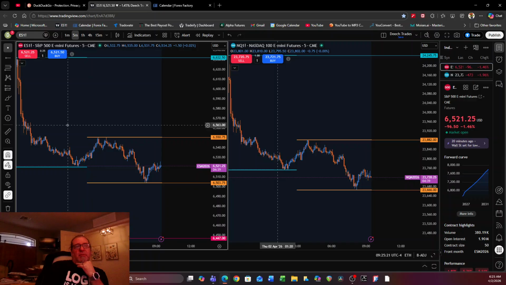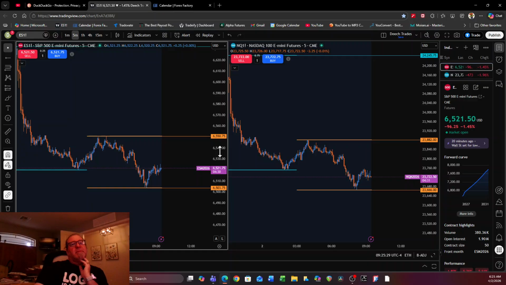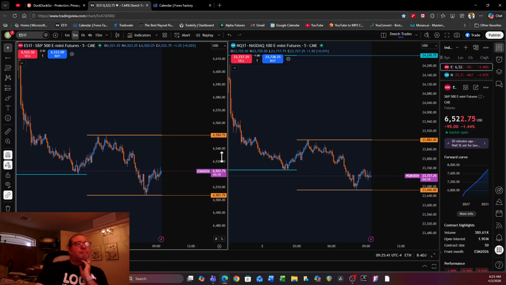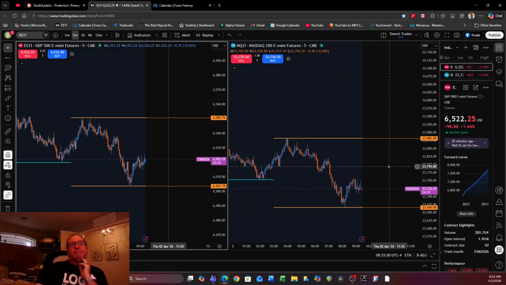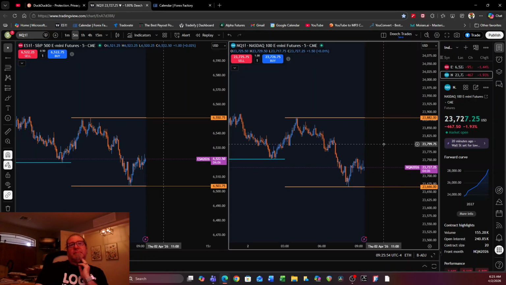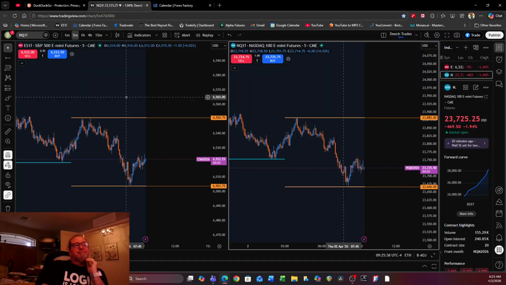Just taking a look at price action. Comparing between the two, of course, got to keep an eye on what's happening between them. A little tighter view on things here. I think that'll give us a more accurate idea of what's happening. About 3.5 minutes to market open.